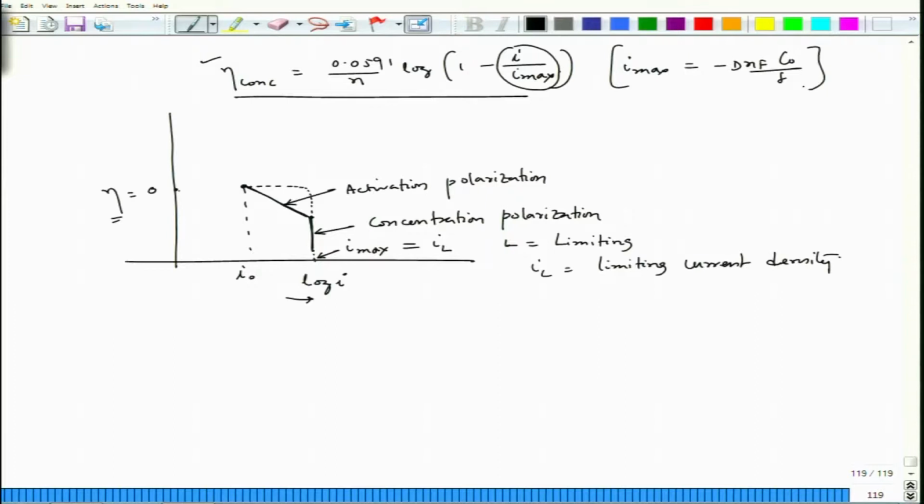Now, here are a couple of interesting facts about this term as well as this term. If C0 increases, and I am not changing other things, I max should increase. If we do not change D, which is a function of temperature, and n and F for this particular redox reaction should be the same.